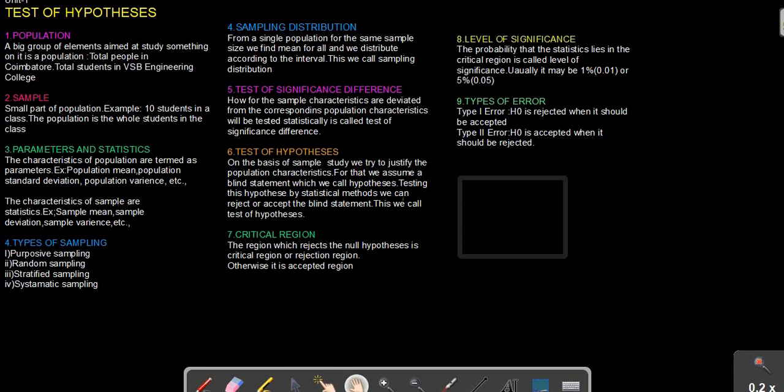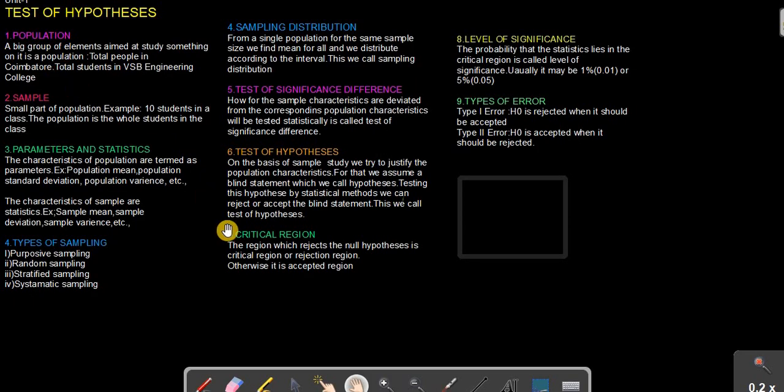The next one is random sampling, where each element in the population has an equal probability of coming into the selection. The last one is systematic sampling. Systematic sampling means we use some systematic idea to select items from the population, so that the selected items are studied and applied to the population.